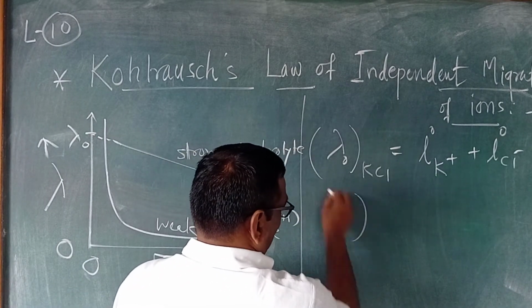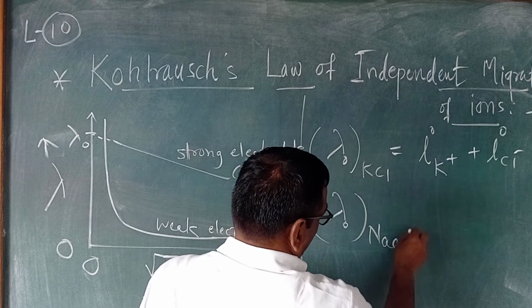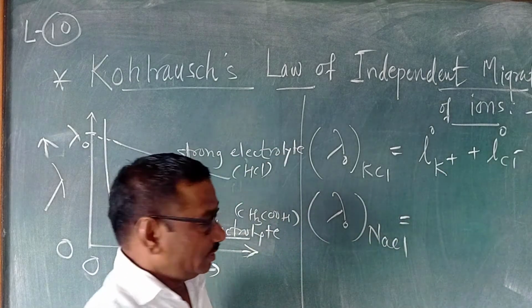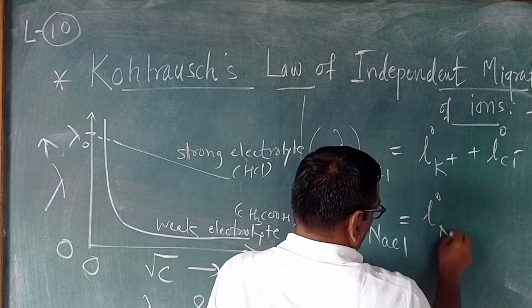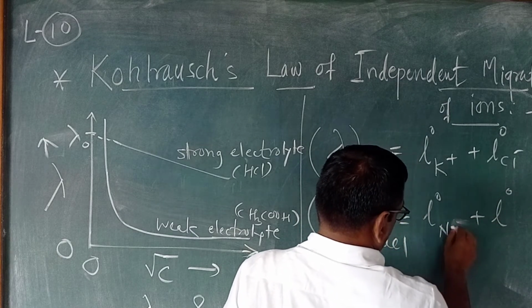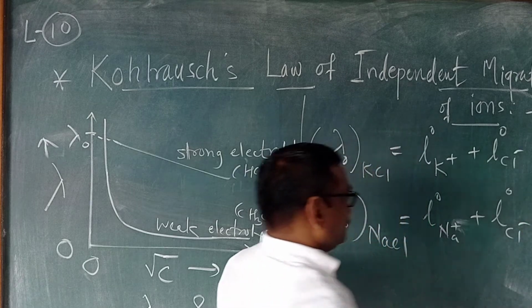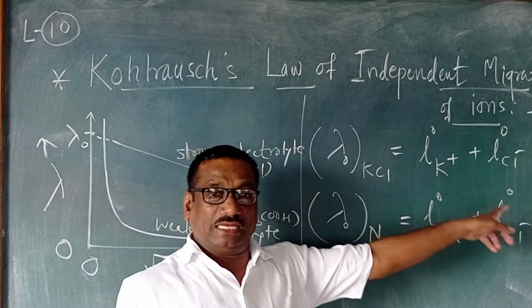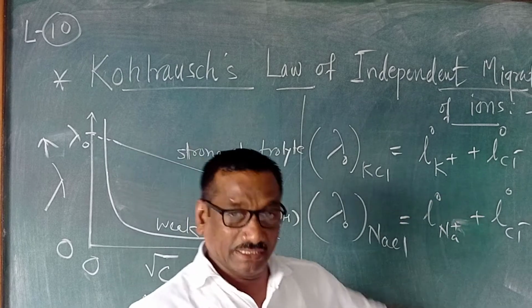Similarly, lambda 0 for NaCl is equal to L0 Na plus plus L0 Cl minus.